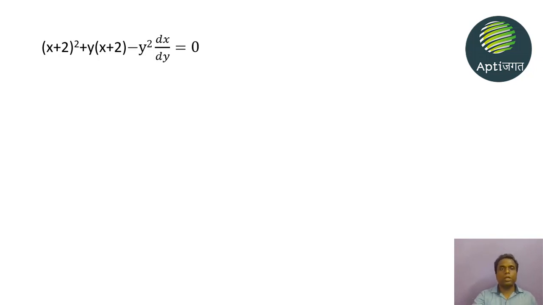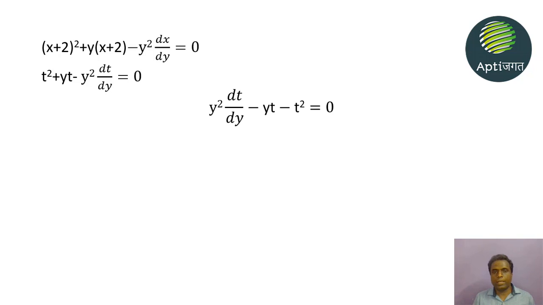So (x plus 2) square plus y into (x plus 2) minus y square dx by dy equal to 0 becomes t square plus yt minus y square dt by dy equal to 0. If we rearrange it, we get the finalized equation: y square into dt by dy minus yt minus t square equal to 0.